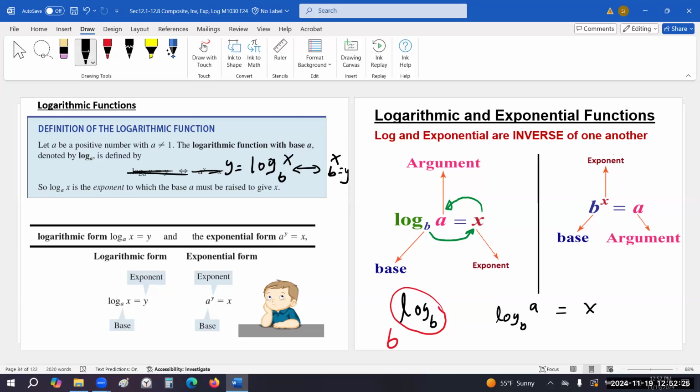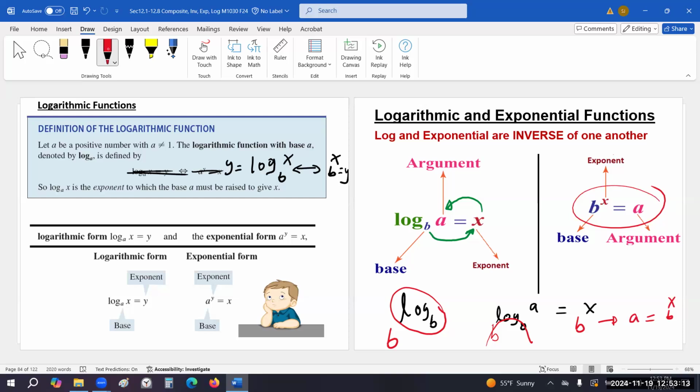Now we raise both sides to the base b. Since the log has the same base, these three things cancel out, and we get a equals b to the x, which is the same as before.